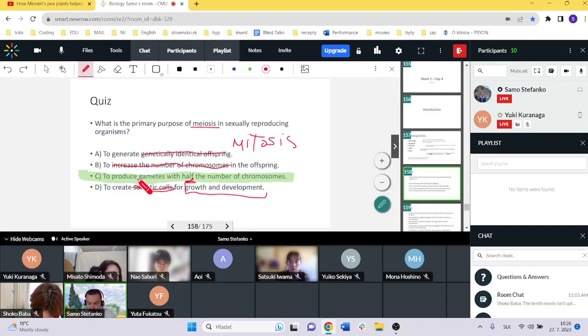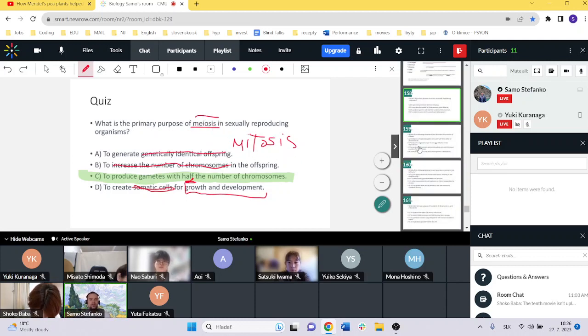As an example, if we have a dog or cat or any other pet which is neutered and doesn't have any more reproductive organs, no meiosis is going on inside its body. So it is highly specifically related only to gametes or sex cells. Okay, meiosis. Very well. Thank you, Yuki.